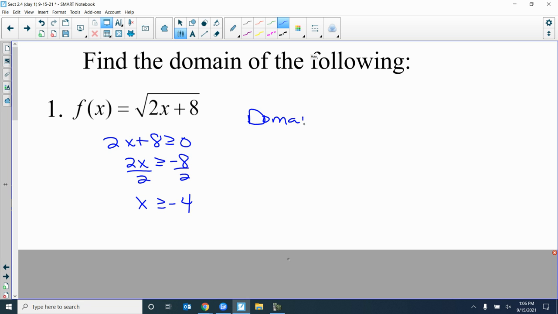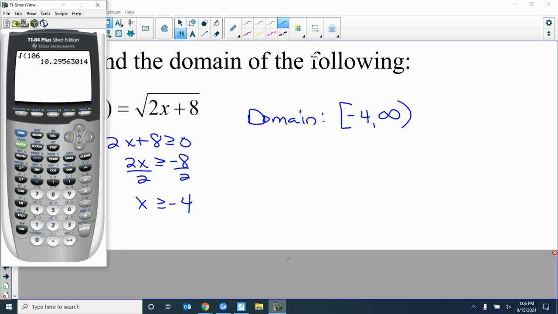So in interval notation, the domain is going to be bracket negative 4 to infinity. Now, how's that going to look on our graph? So I got square root of 2x plus 8, and I'm going to hit graph.